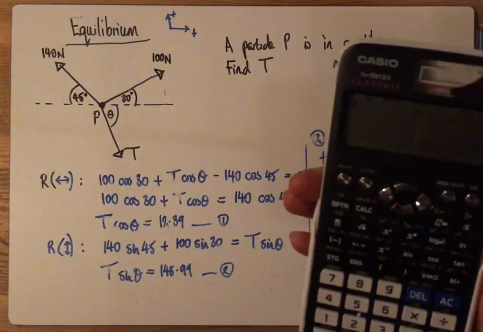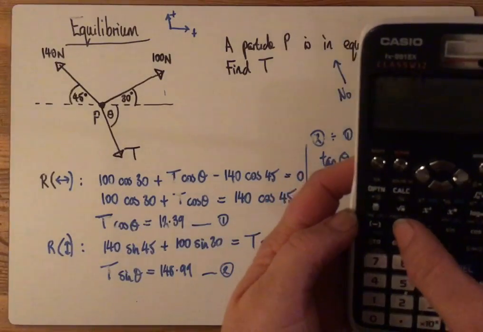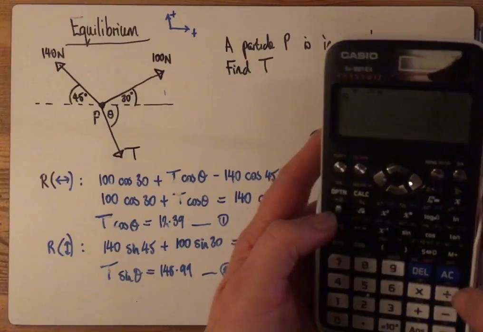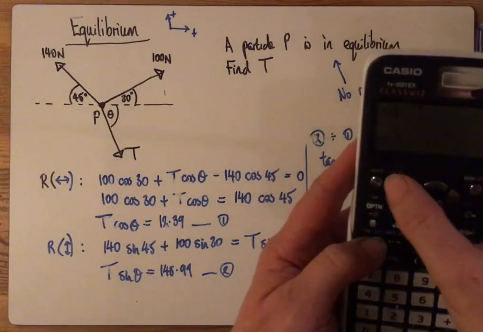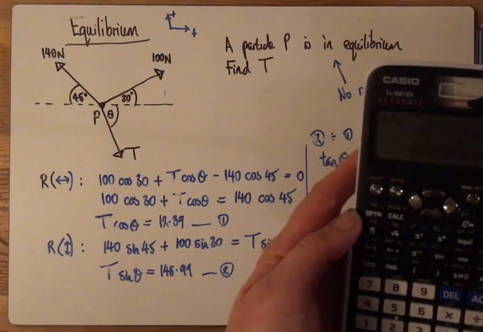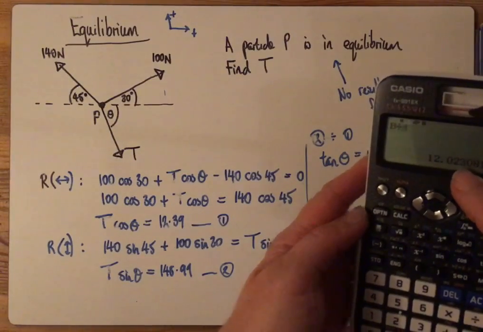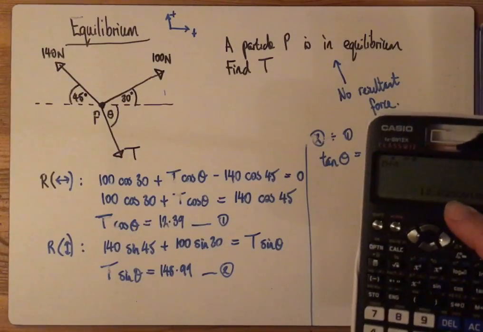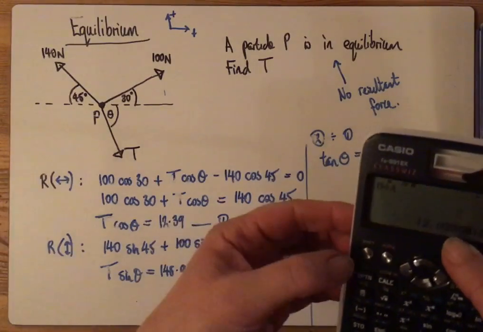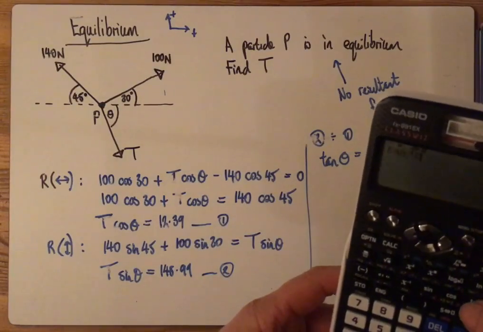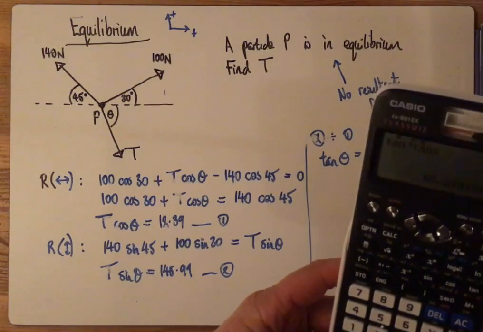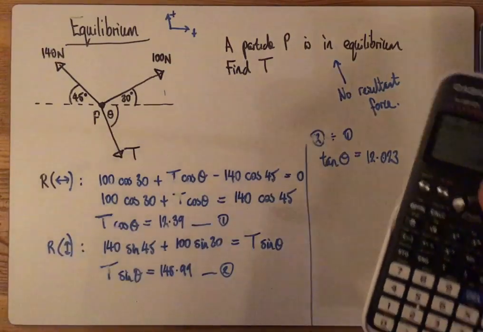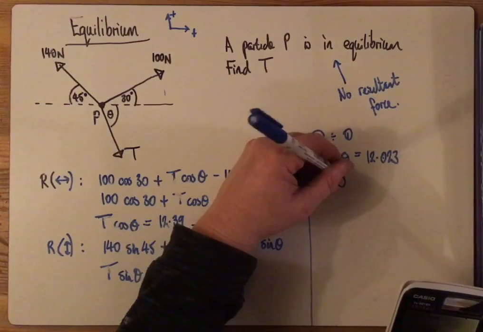So to get to b, I do alpha, that gives me b divided by a, and then I've got 12.023081. Don't need to worry about getting a rounding error. And then if I do shift tan answer, I get 85.245, so that's what theta equals.